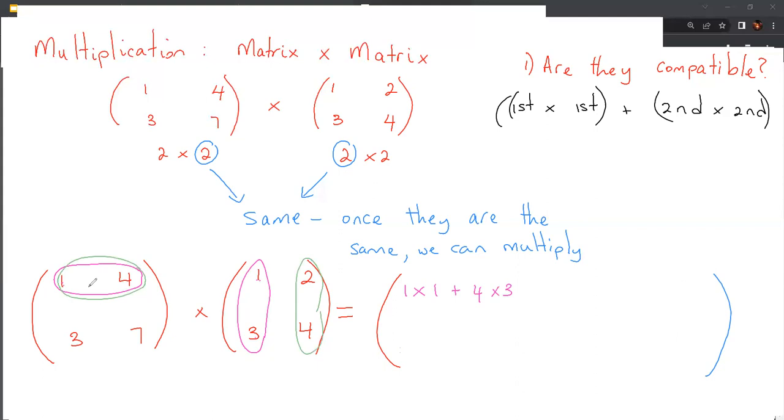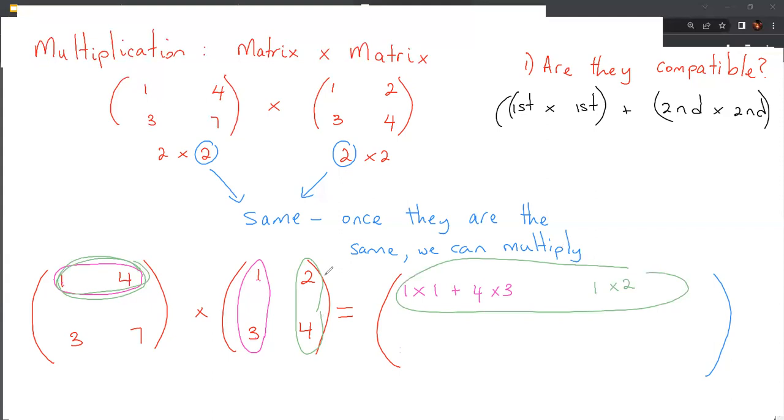So it's going to be first times the first. How do I know to write it up here as a question? It corresponds, right? So I'm working in the top row, which means my answer is going to be in my top row.